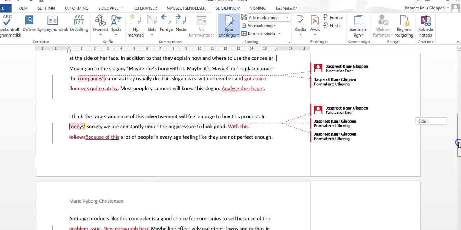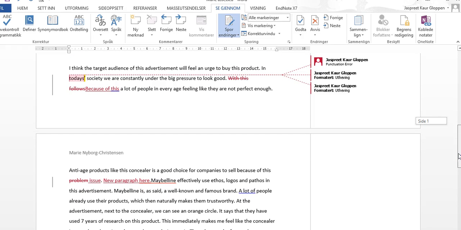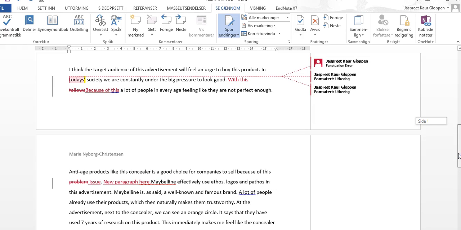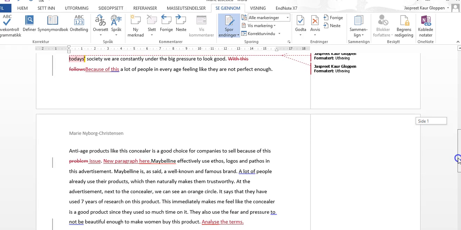Then you move on to the use of ethos, pathos, and logos. You tell us that they are used, but you don't tell us how they are used.